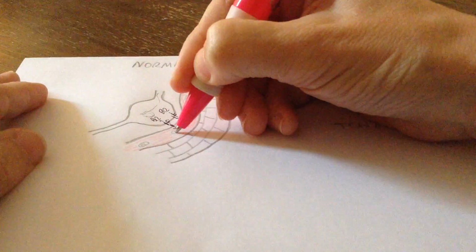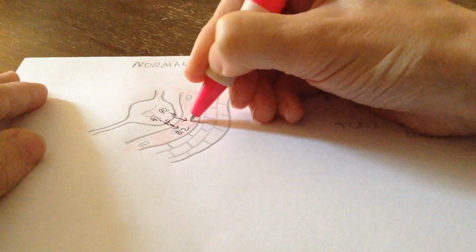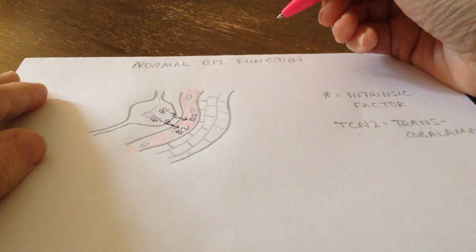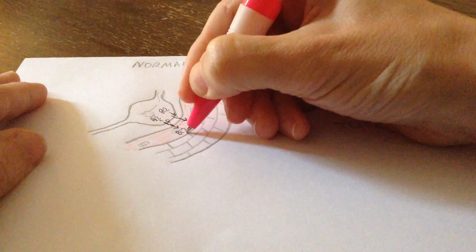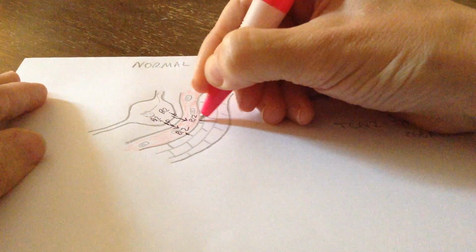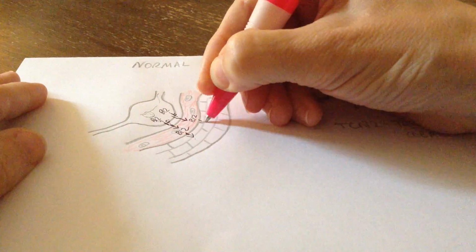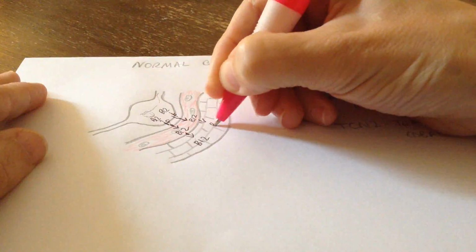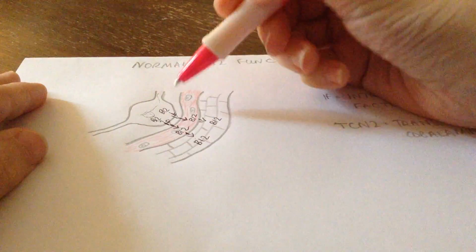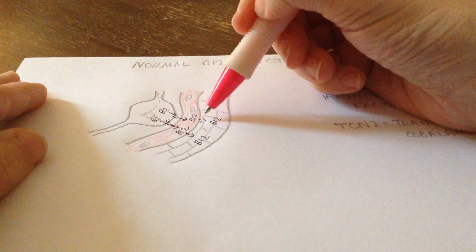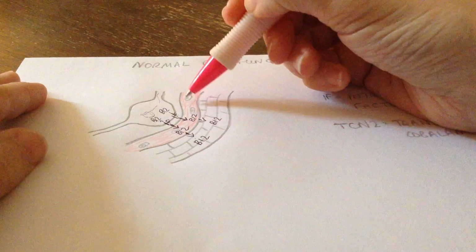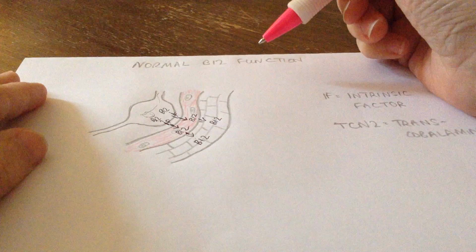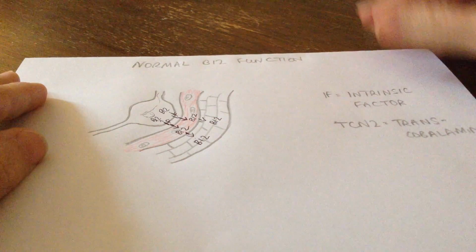Now, once the B12 is in the bloodstream, there's another transporter called transcobalamin, or TCN2, and that takes it across here into the tissues. So this patient here has normal intrinsic factor, normal transcobalamin, and the B12 has passed across into the blood and then into the tissues. So this patient will have no symptoms.